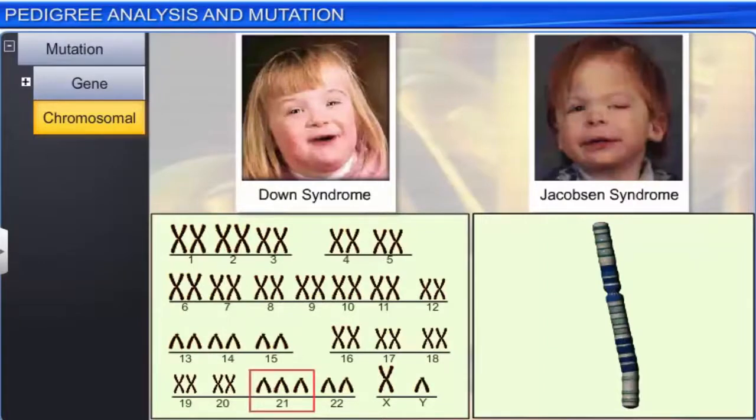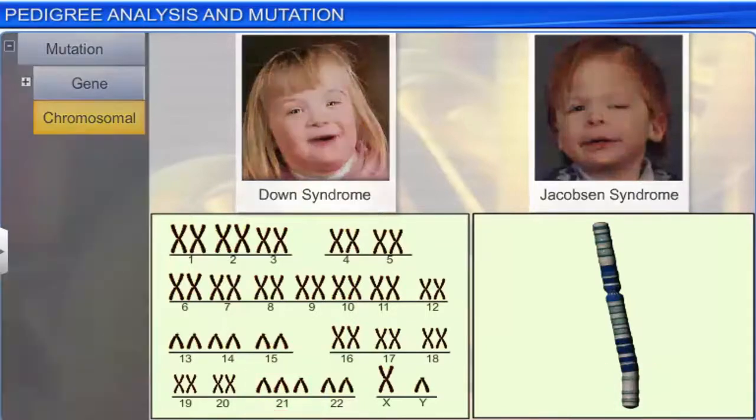Down's syndrome and Jacobson's syndrome are some disorders caused by chromosomal mutations. Down's syndrome is caused by an additional chromosome in the 21st chromosome, and Jacobson's syndrome due to deletion of a portion of the 11th chromosome.